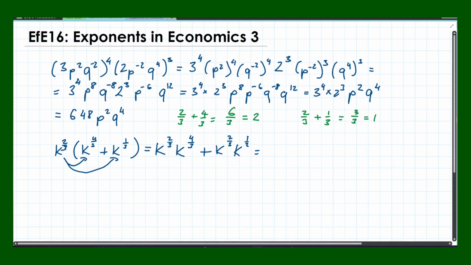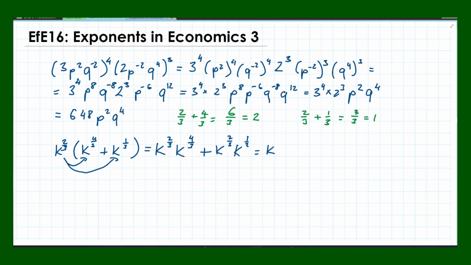So let's go back to the original question. The power of k in the first term is going to be 2, because adding together 2/3 and 4/3 will cancel down to 2. And in the second term, because adding 2/3 and 1/3 together makes it 1, I can replace it with k by itself, because any base to the first power is just itself, as we've seen in a previous video.